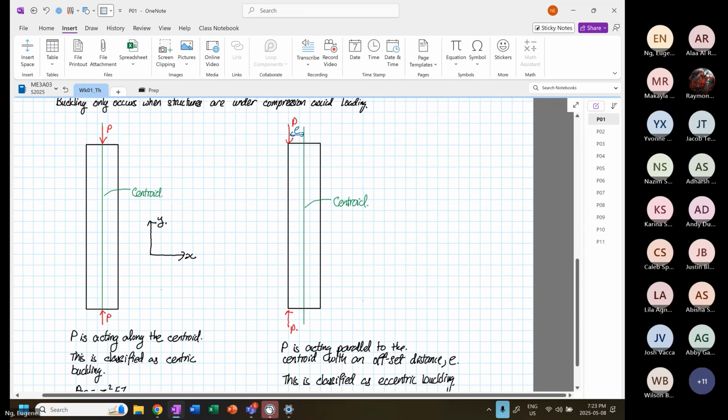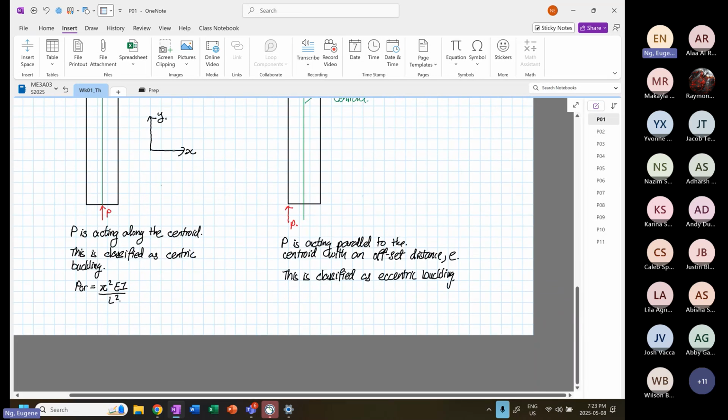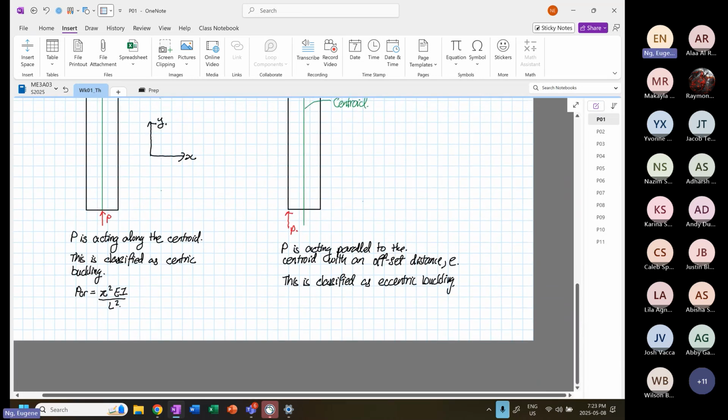One is applied exactly along the centroid. The other one is acting parallel, but with an offset distance E. So for this case, the formula is slightly different. I'll just write down the formula, which again we'll go into detail later on.